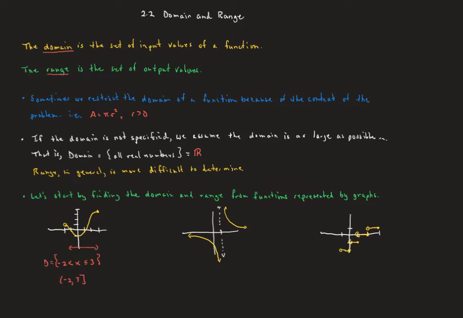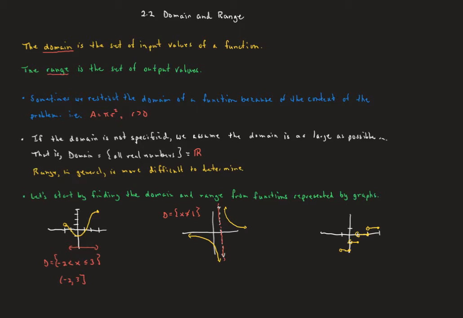In the second example, we can see there is a vertical asymptote at x equals 1. So there is no place on the graph at x equals 1. So the domain here is going to be everything except for 1, which we can write as x not equal to 1.